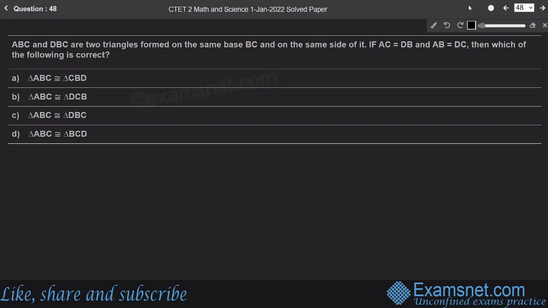Question number 48. ABC and DBC are two triangles formed on the same base BC and on the same side of it. If AC is equal to DB and AB is equal to DC, then which of the following is correct?